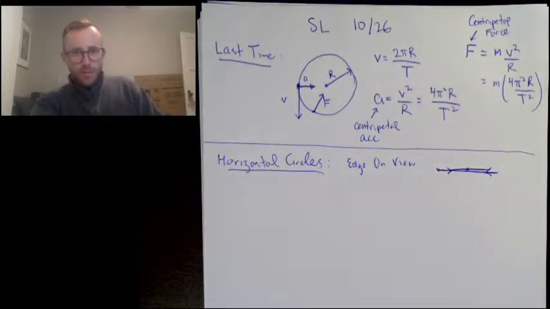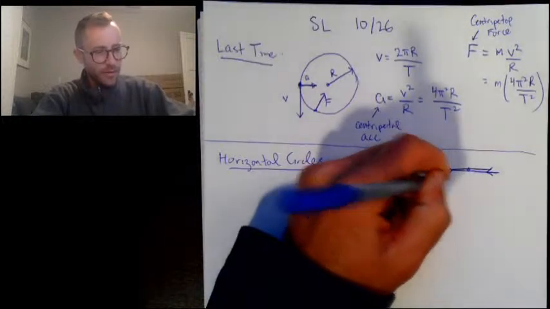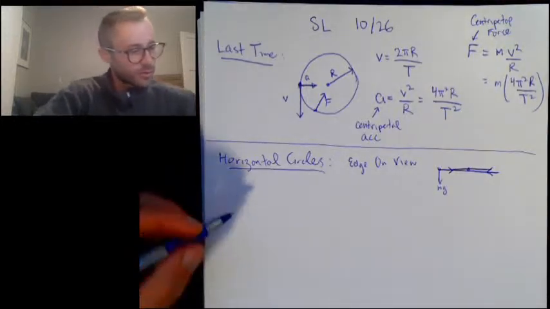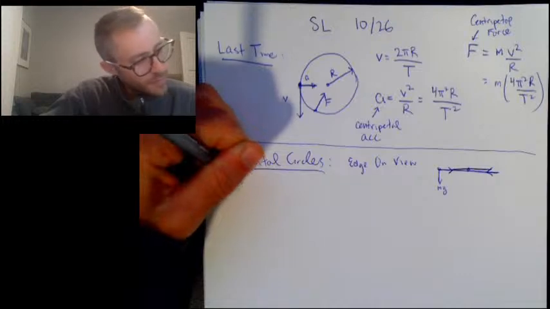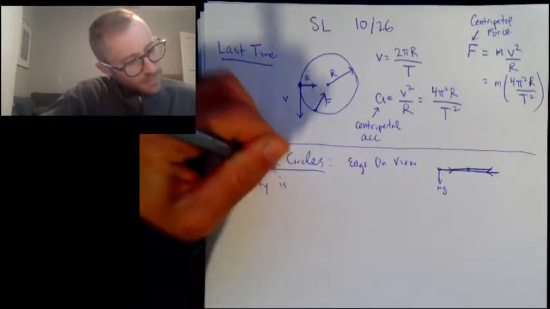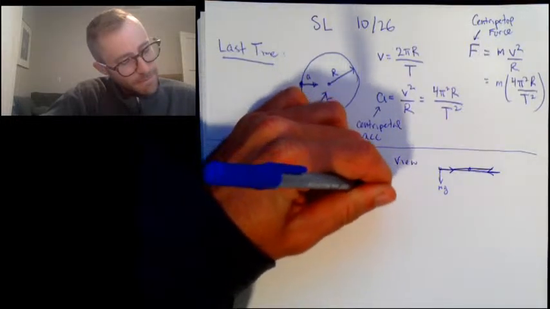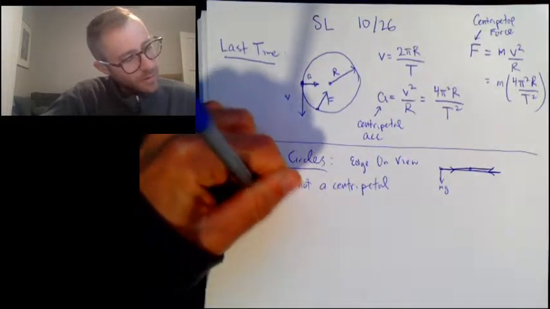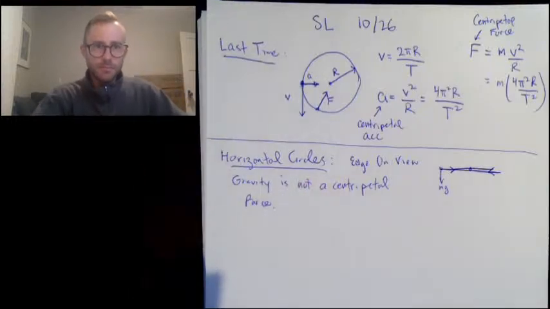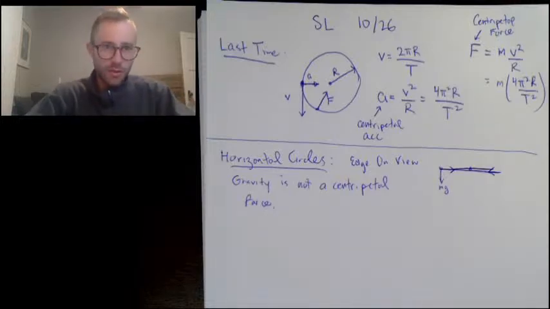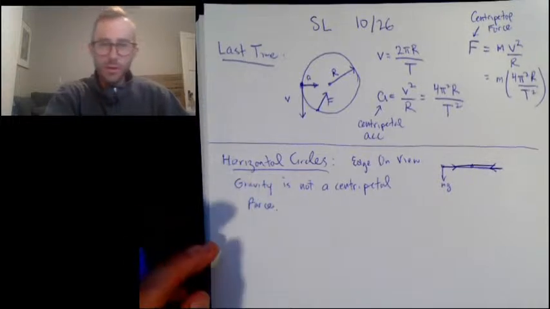Gravity is perpendicular to the circle. So for horizontal circles, gravity is not a centripetal force. That actually simplifies the problem, and we'll see why once we go to vertical circles. But gravity is never going to be a centripetal force if we have a horizontal circle.